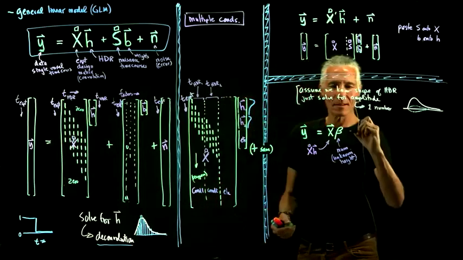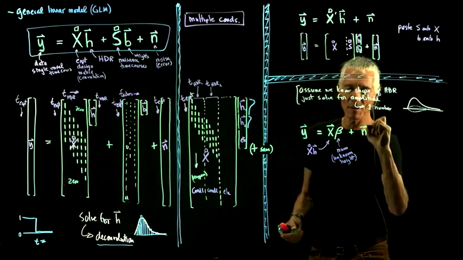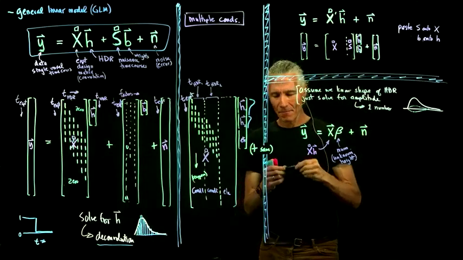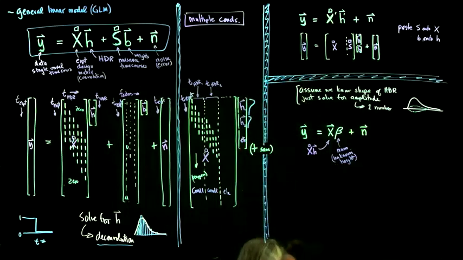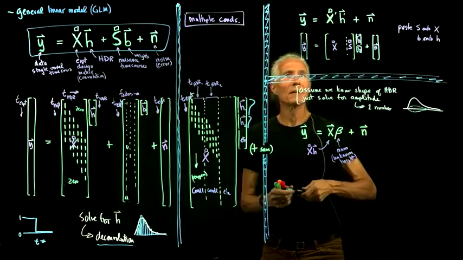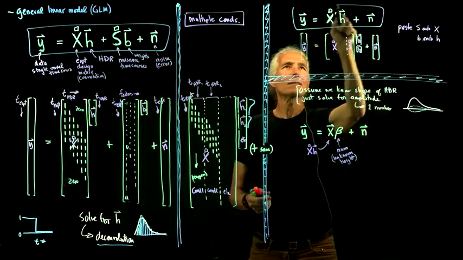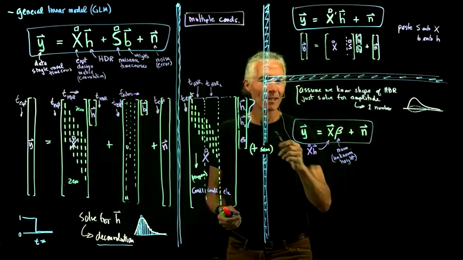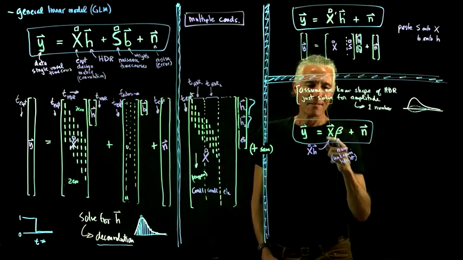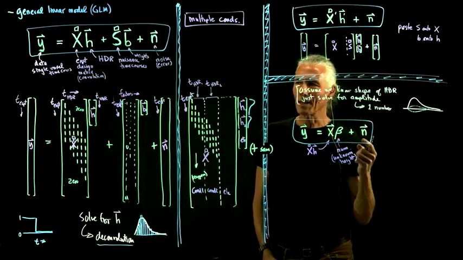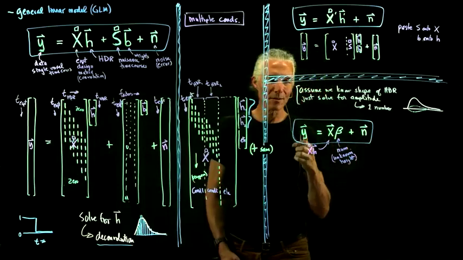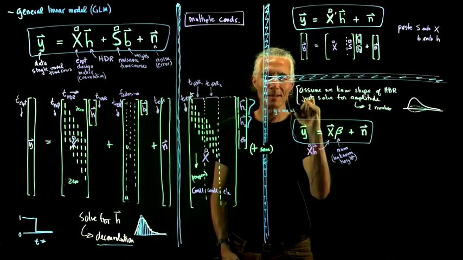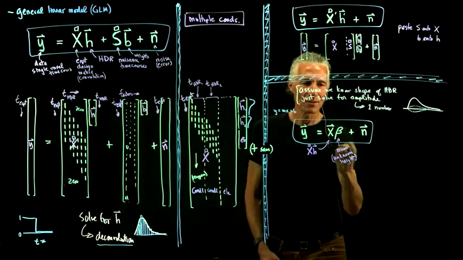And then there'll be a noise vector, as there was before. And when you look at it that way, you can see that's just a linear equation. It's just like y equals mx plus b, y equals slope times x plus the intercept.